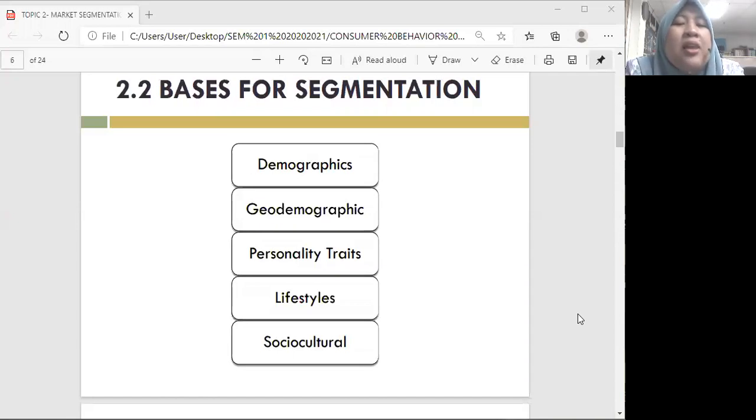All right, and then we have personality traits. We are talking about how traits refer to their attitudes, their behavior. And we can see that personality also influences how we do the segmentation.